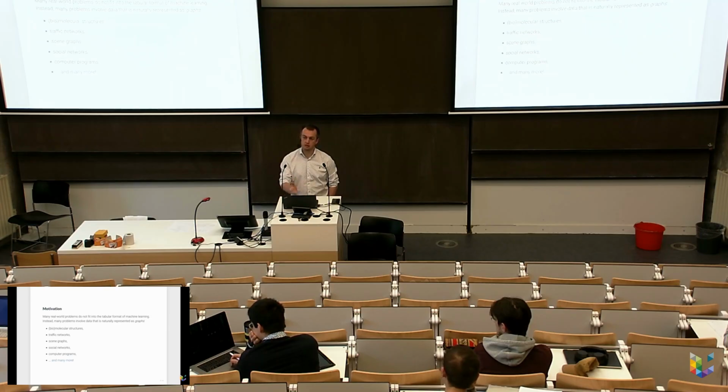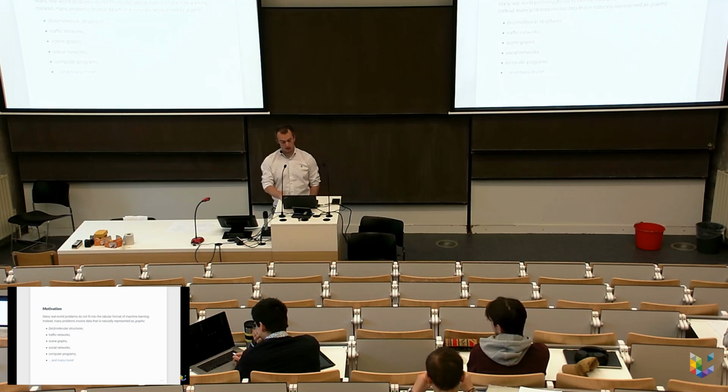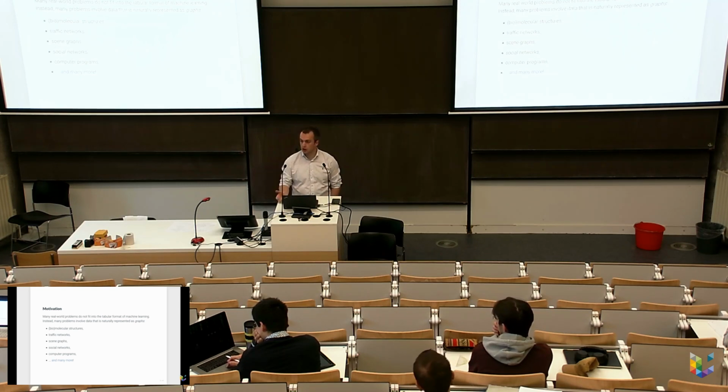You may have very small molecules with just a small set of atoms, but you may have larger molecules with many more atoms. And so the question is, how can we have an architecture which will be able to deal with all kinds of graphs at once? So small graphs, bigger graphs, and so on.